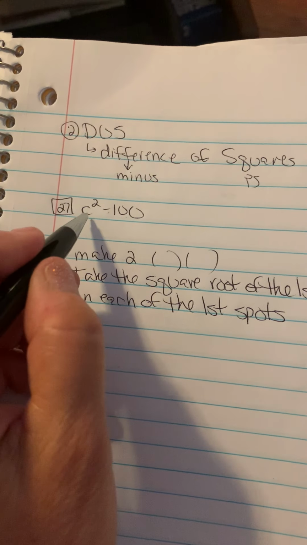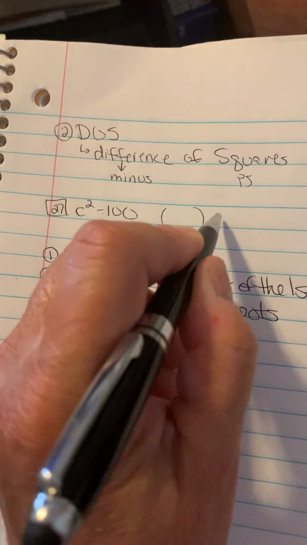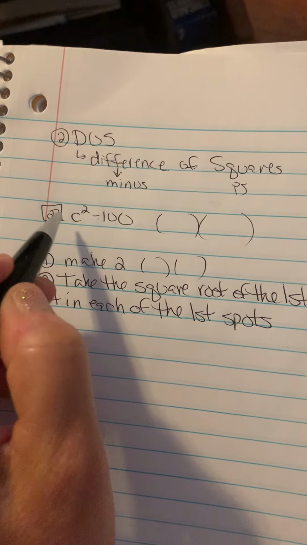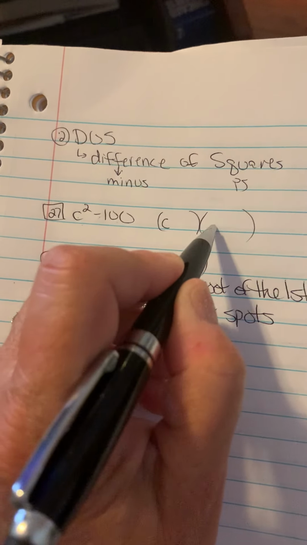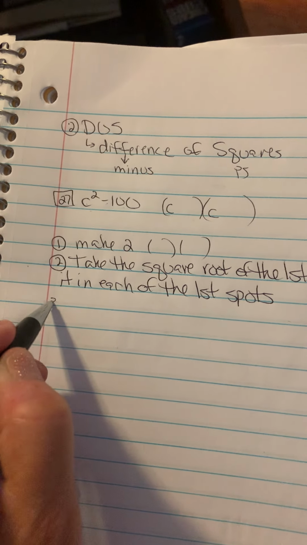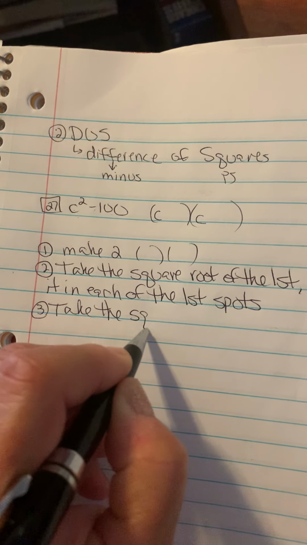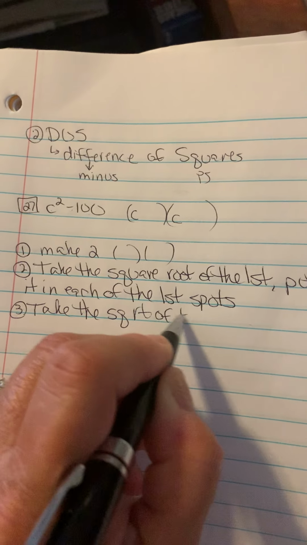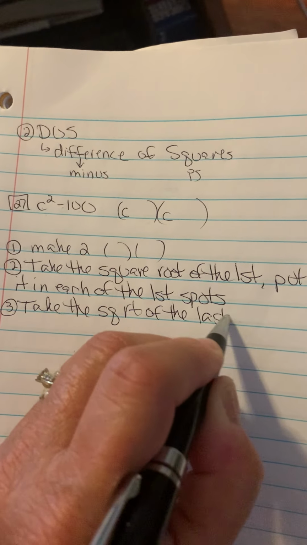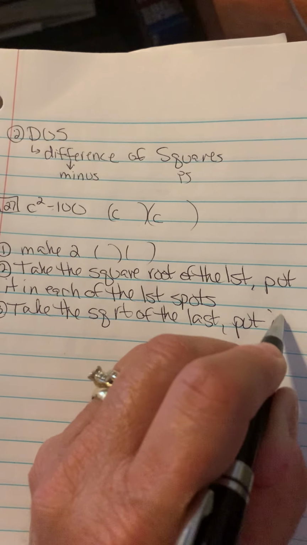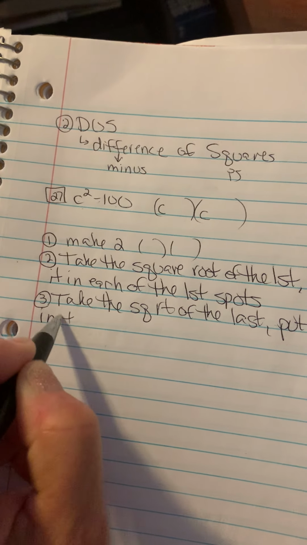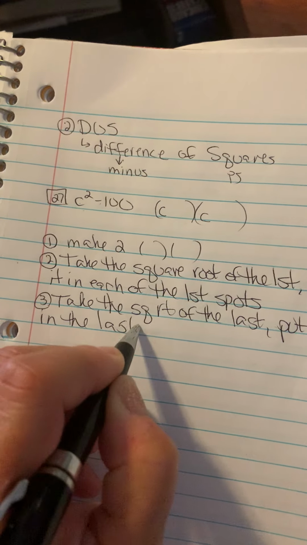So in this one, that means I'm making two sets of parentheses. Take the square root of the first and put it in each of the first spots. Take the square root of the last. Put it in the last spots.